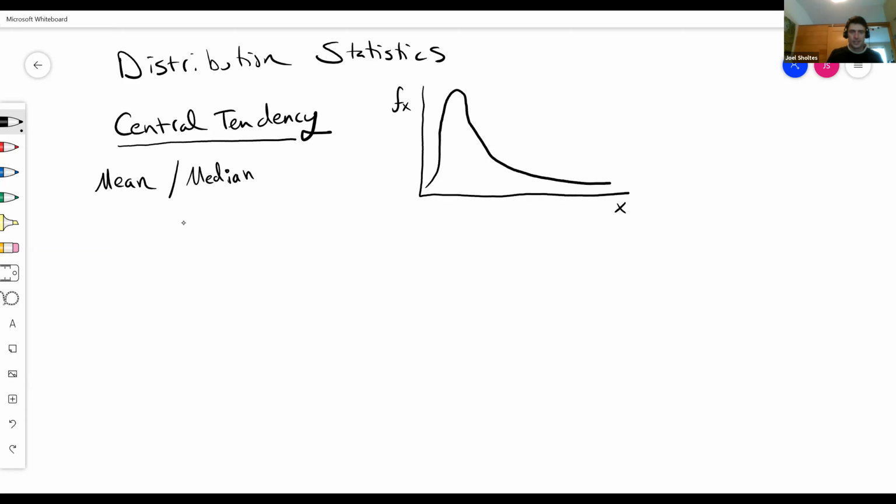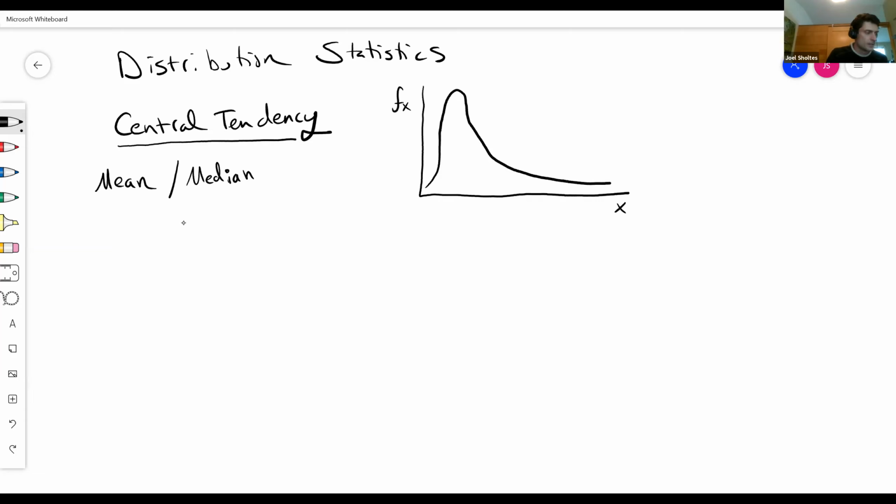Central tendency is basically, if I take a sample of 100, what are the kind of middle values? The mean is one way to describe the central tendency. The median is another. Let's write these out.